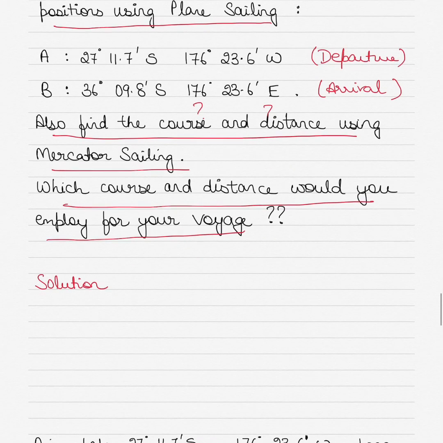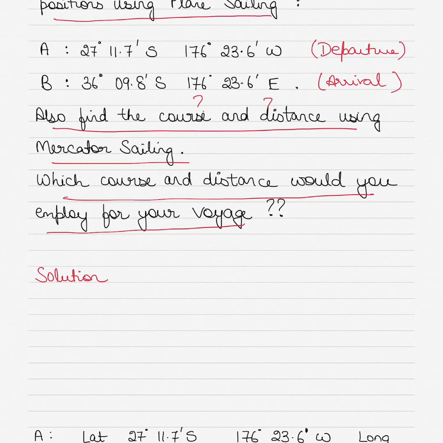So I've been given the two positions: 27 degrees 11.7 minutes south, which is position A, and 176 degrees 23.6 minutes west. I will just draw it, because I have no idea where it is, but you can draw it anywhere here. Draw position A first. The horizontal line is of course the latitude and the vertical line is the longitude.